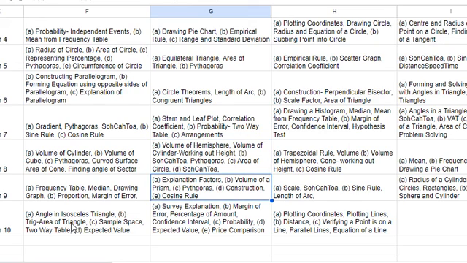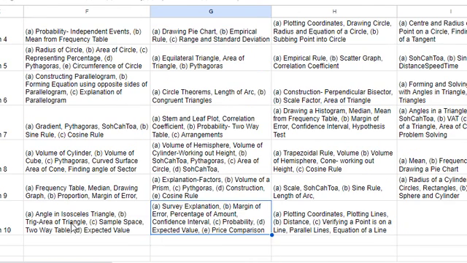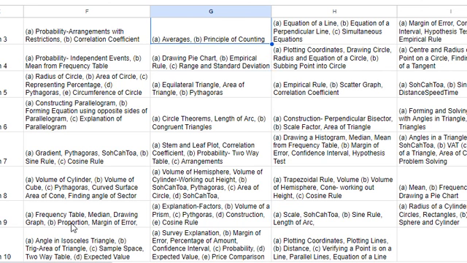Cosine rule comes up in question 9. And I don't see the sine rule anywhere there, but it could have come up as well. I might have missed it. So the majority of years they all come up in some shape or form at some stage.